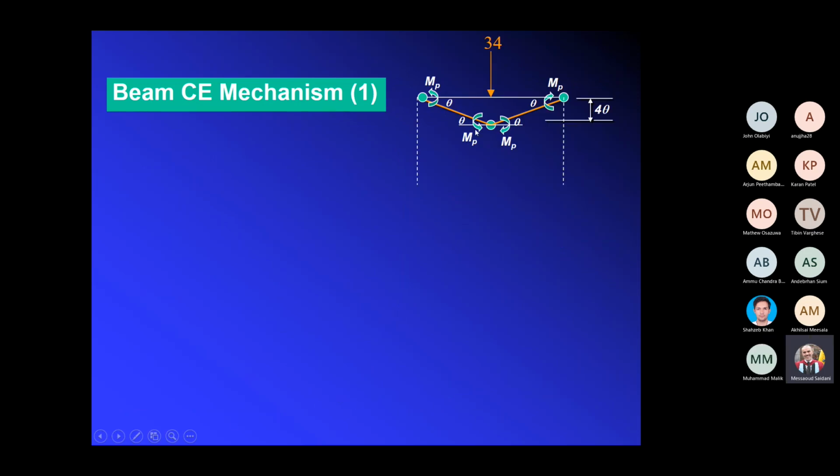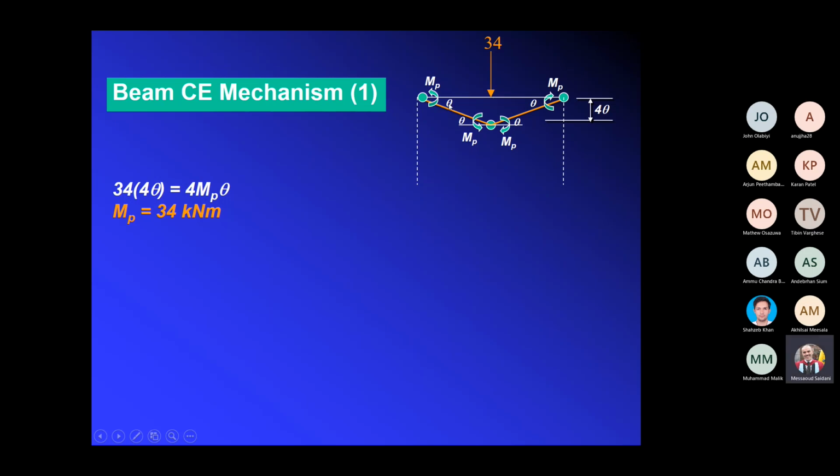And then by symmetry, because the 34 is applied in the middle, if the angle is theta at this end, we have theta at the other end, and we have theta and theta in the middle at C. So when we write the external work and the internal work, the external work is 34 times the vertical displacement, which is 4 theta, because remember this distance is 4.